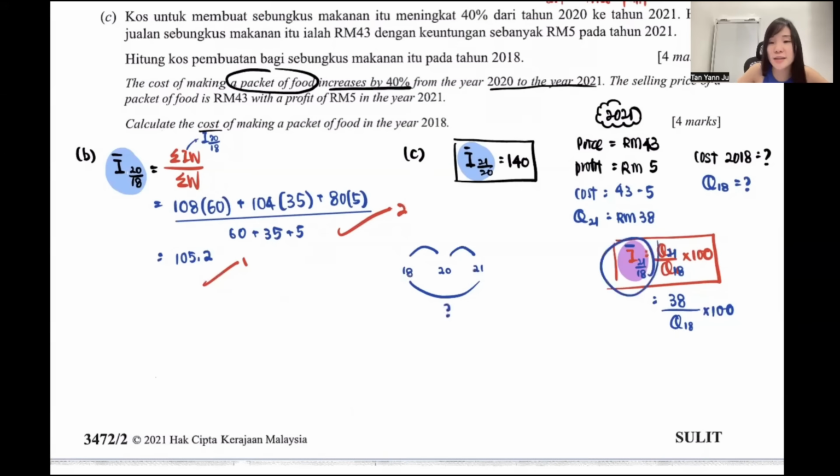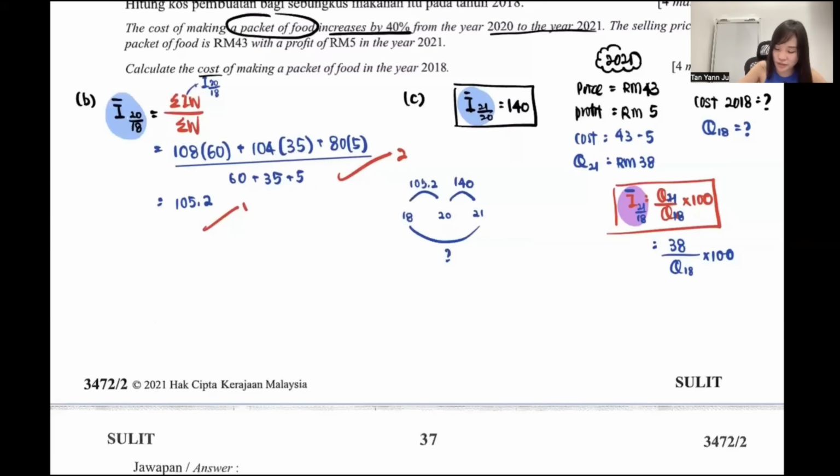So they are asking the mouth part. Then 20 over 18 is the left eye's part, 105.2. 21 over 20 is the right eye's part, 140. I will tell my students this is A, B, C. I created this myself, so it's quite easy to remember. But don't write A, B, C in the exam, okay? No one will understand it except me.